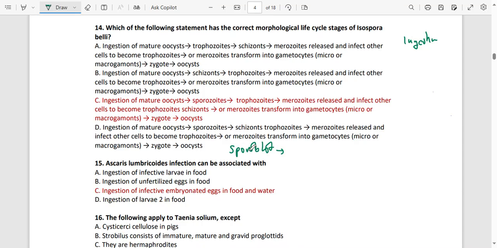The two sporoblasts are each going to differentiate into sporocysts, and then the sporocysts are going to form the sporozoites. So the mechanism, we are taking it from the sporozoites. We are ingesting an oocyst, and we are saying that the oocyst has got the sporozoites.